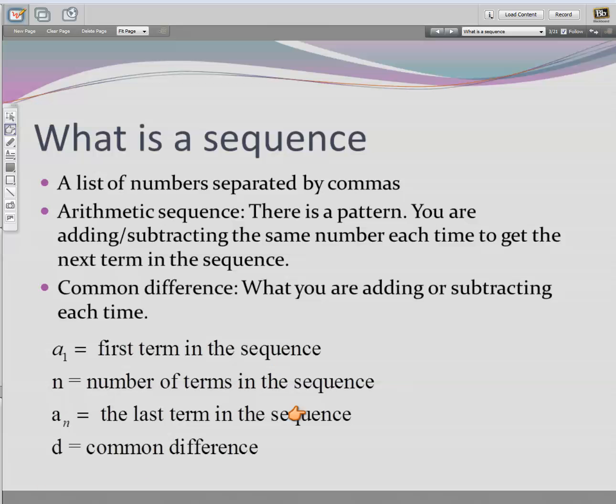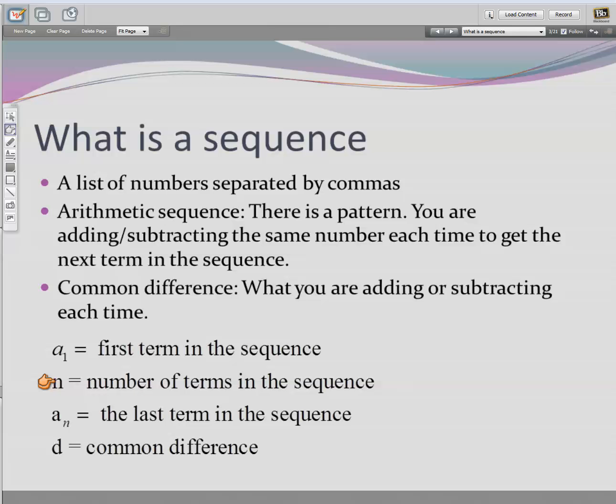And you're going to see an equation on the next slide to how we get formulas for sequences. But there are some notations that you need to know, so make sure this gets down in your notebook. So you're going to see the term a sub 1 a lot, and that is referring to the first term in your sequence. N is referring to the number of terms in the sequence.